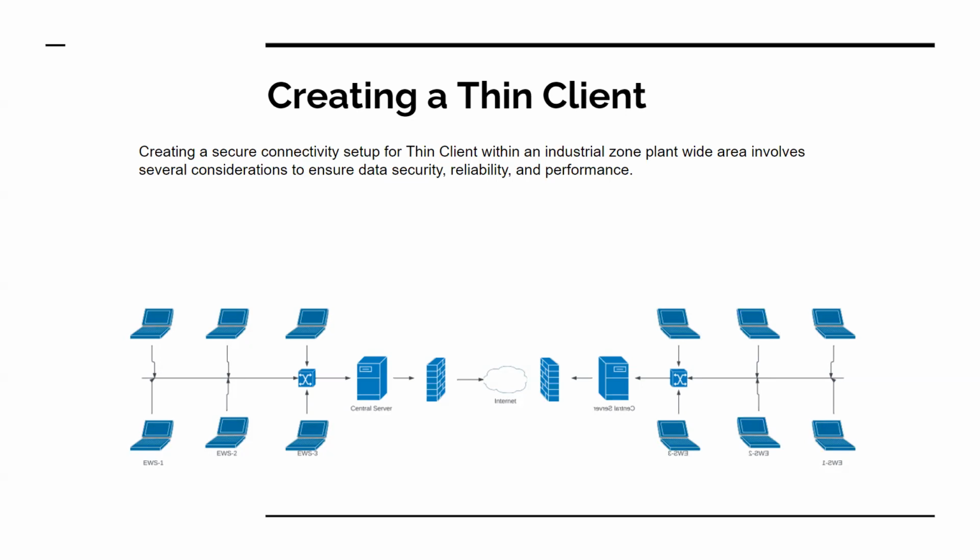This ensures that data leaving and entering the thin client network is known and can be restricted to only what you allow. You also want intrusion detection and prevention systems to prevent any suspicious or malicious activities and detect them if they do happen. This adds an additional layer of security by continuously monitoring your network traffic. You also want to have access control lists. Having strict access control measures can restrict the thin client devices to only authorized personnel.